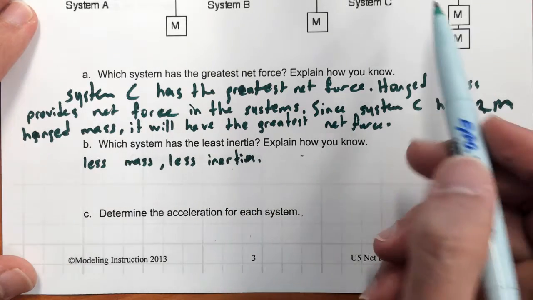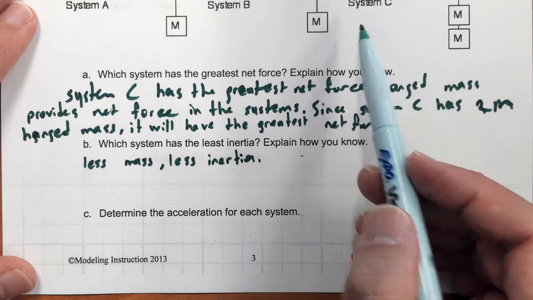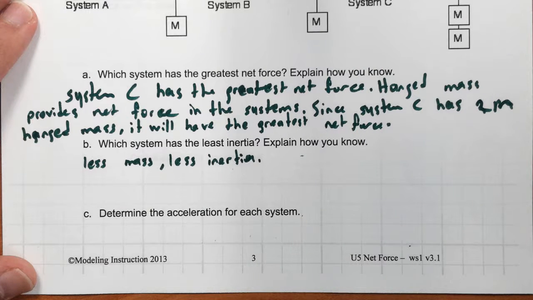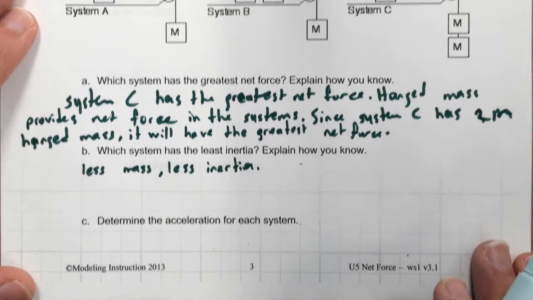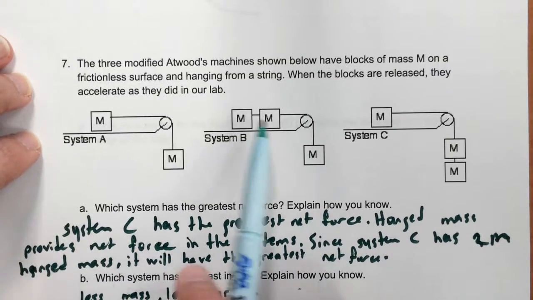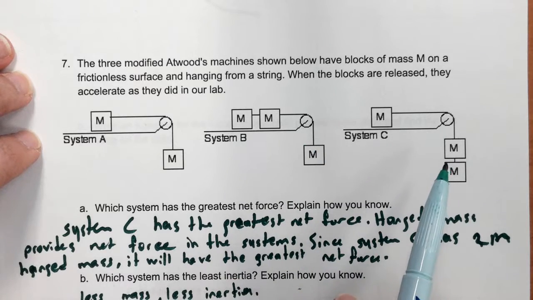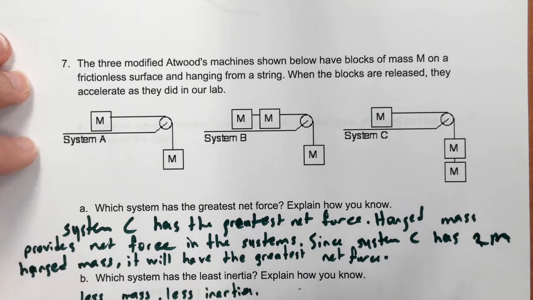So if you look here, system B and C have 3m masses, but system A has 2m masses.